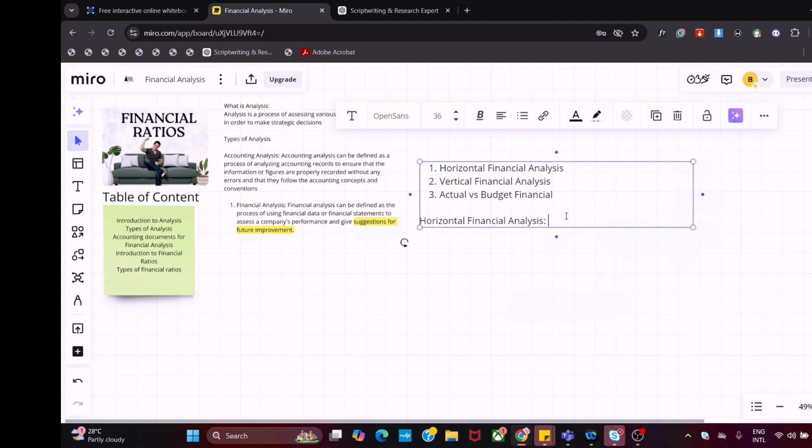All right, so now let's go ahead and take a note. Like I mentioned, this is also called time series analysis, or trend analysis.